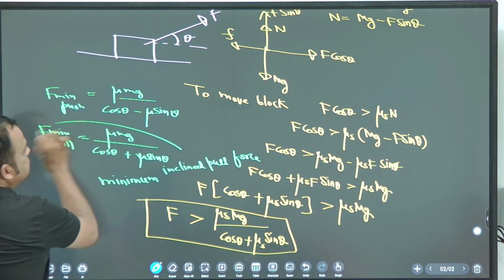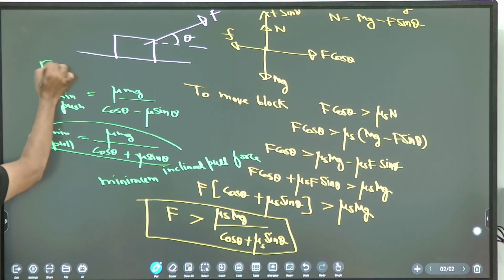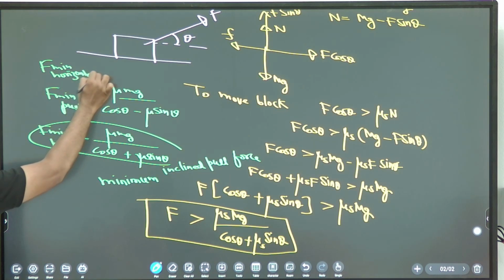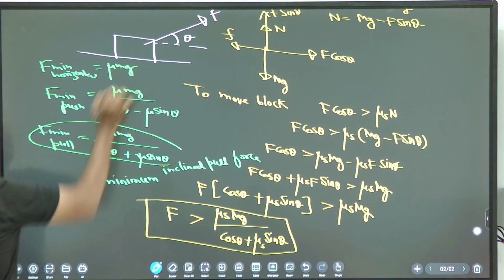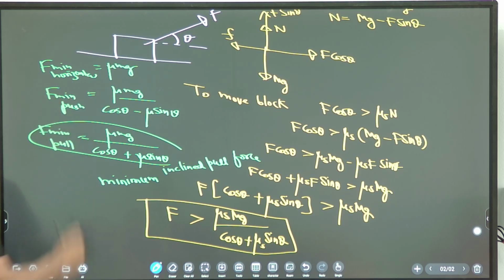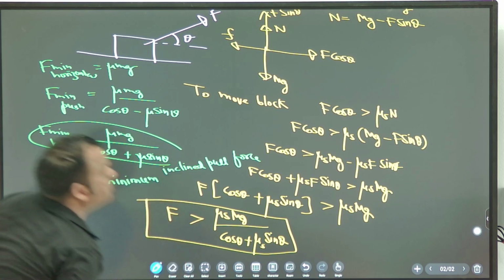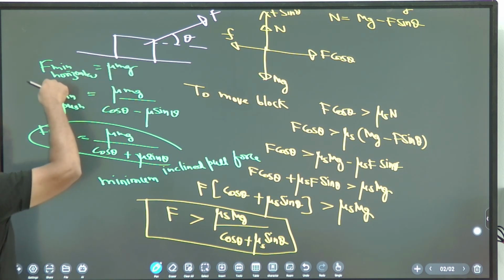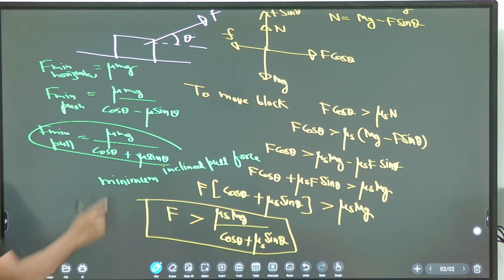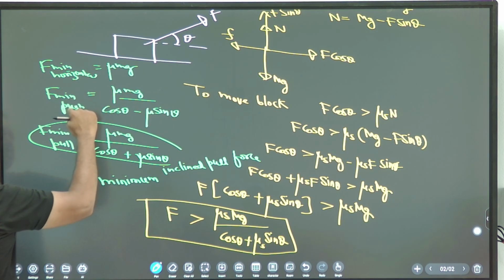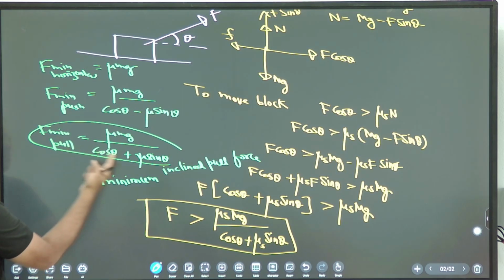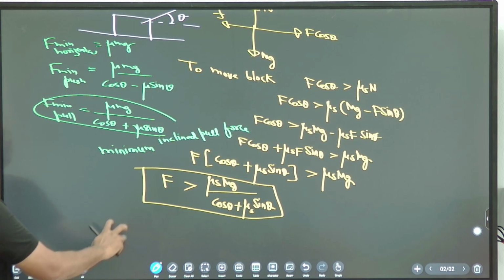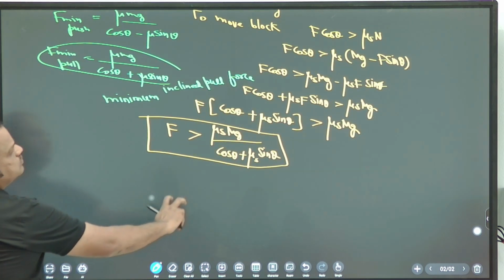Okay, clear? And F minimum horizontal force, what is the formula? Mu mg. If push or pull is horizontal, then horizontal means mu mg. For inclined push, the denominator has minus; for pull, plus.